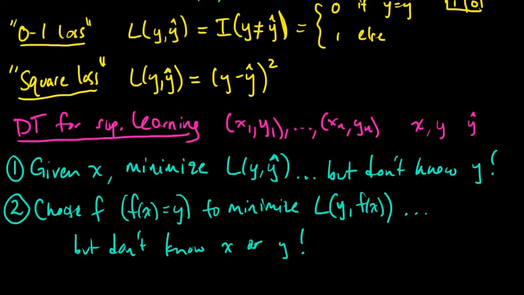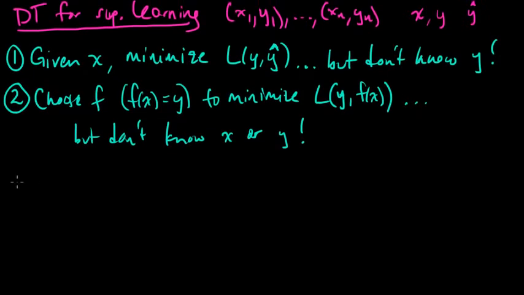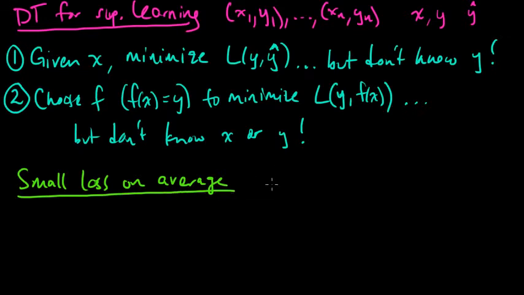But probability will come to the rescue. So what does probability have to say about this? Probability would tell us to think about these as random variables and go for small loss on average. So let's think about putting this in a probabilistic framework.